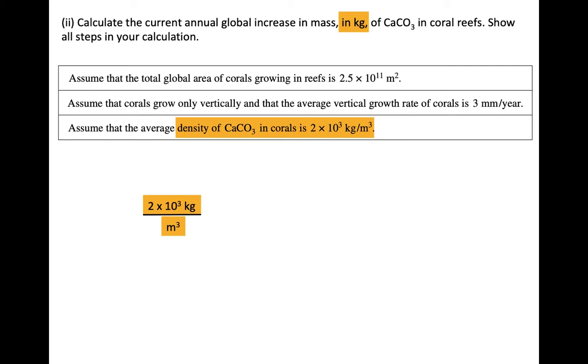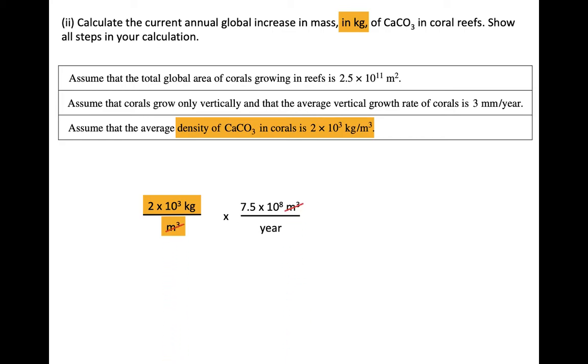Now, if I think about dimensional analysis and all the work that we've done throughout the year, if I want kilograms by itself, I want to cancel cubic meters. So since cubic meters are on the bottom, the denominator, we want to multiply by a value where they're in the numerator. And lucky for us, in part 1, we found volume, cubic meters. So we're going to multiply by our answer in part 1. So we're going to multiply by 7.5 times 10 to the 8th cubic meters.